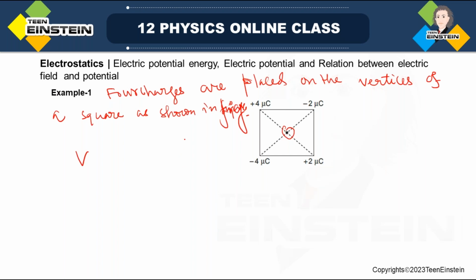Q net in this system, the net charge, is actually 0. Q net is 0 in this case.